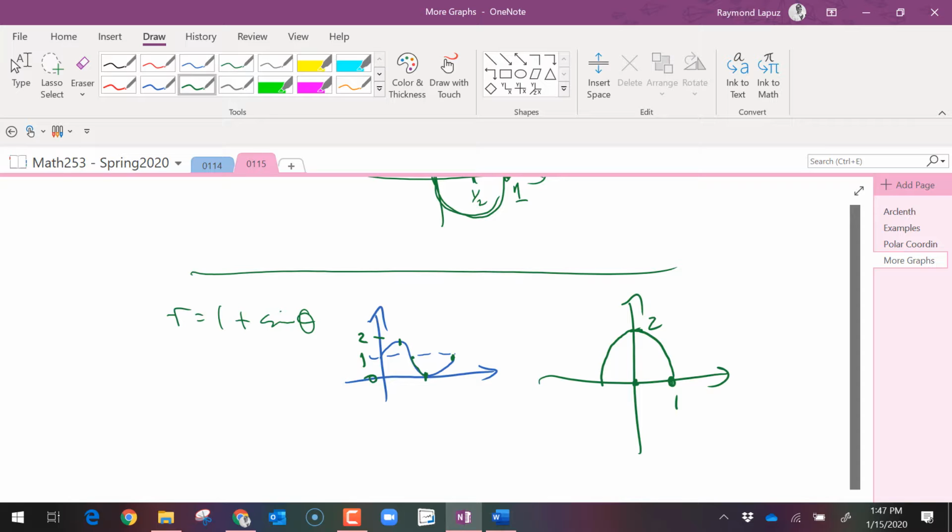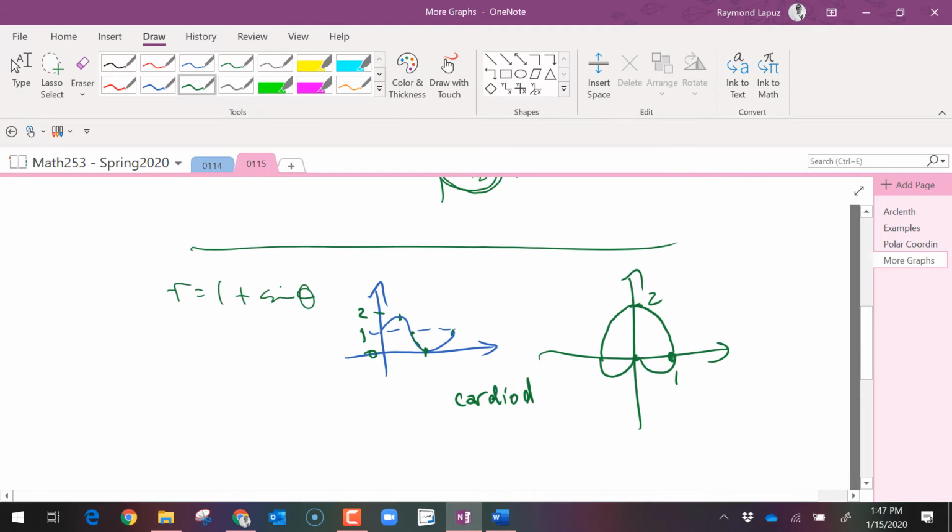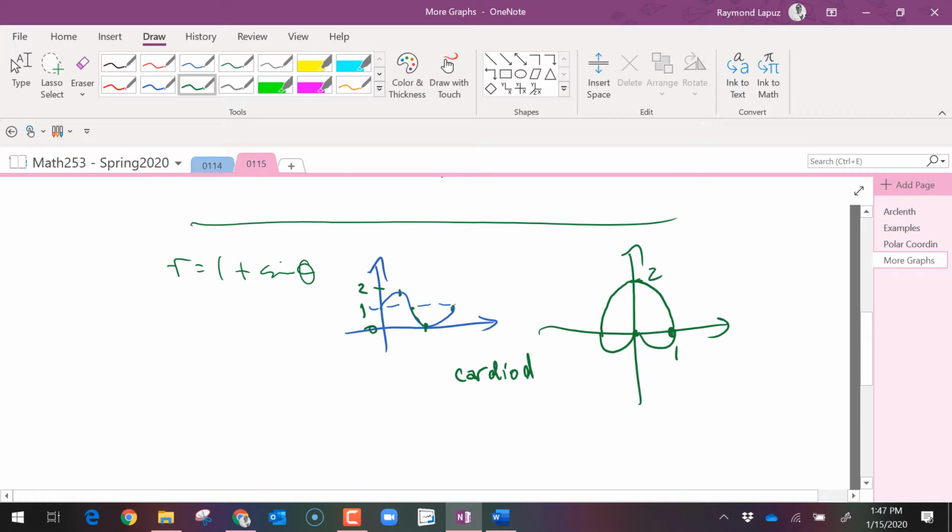Anything? Kaleo's going. Goes down to 0, bounces back up to 1. Happy Valentine's Day. It's called a cardioid. Okay.